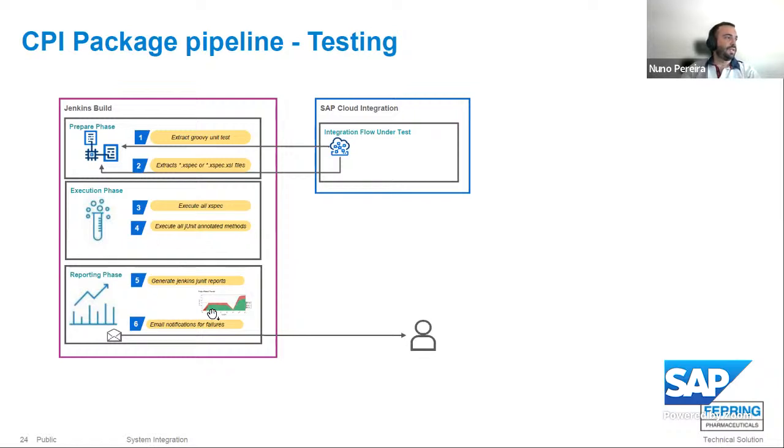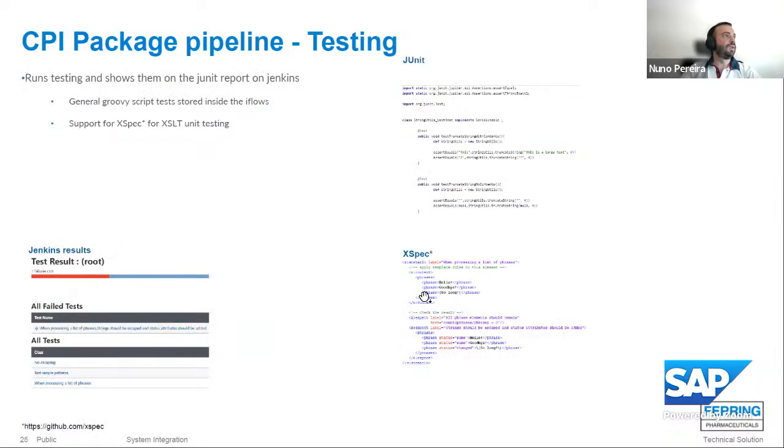We execute all of that, and then we generate Jenkins JUnit reports, as you can see here. We also send email notifications to the responsible developer for failures we identify in the tests.